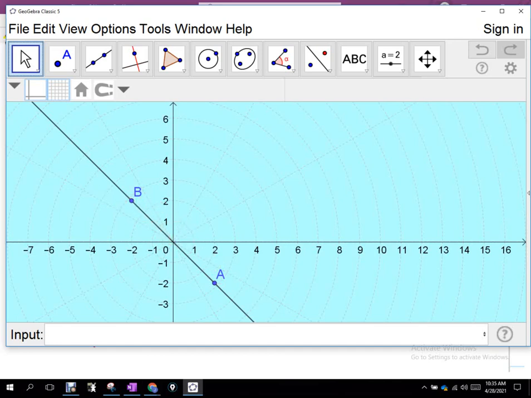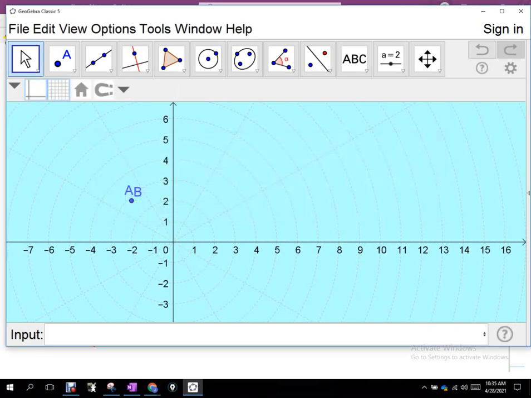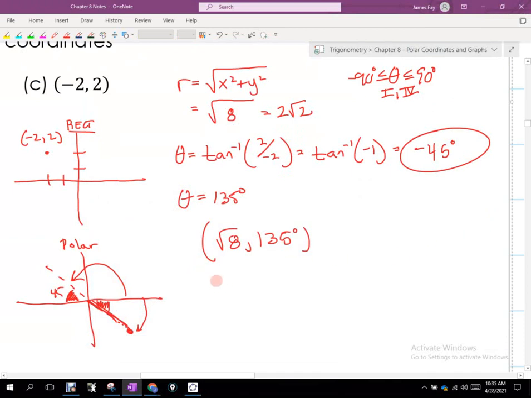Make it negative. So if I take A and make the radius negative right here, and then hit apply, you see that put A on top of B, right? Does that make sense? So there's a couple different ways that you can do this. I want to go negative radical 8, comma, negative 45 degrees, that's fine. Okay?